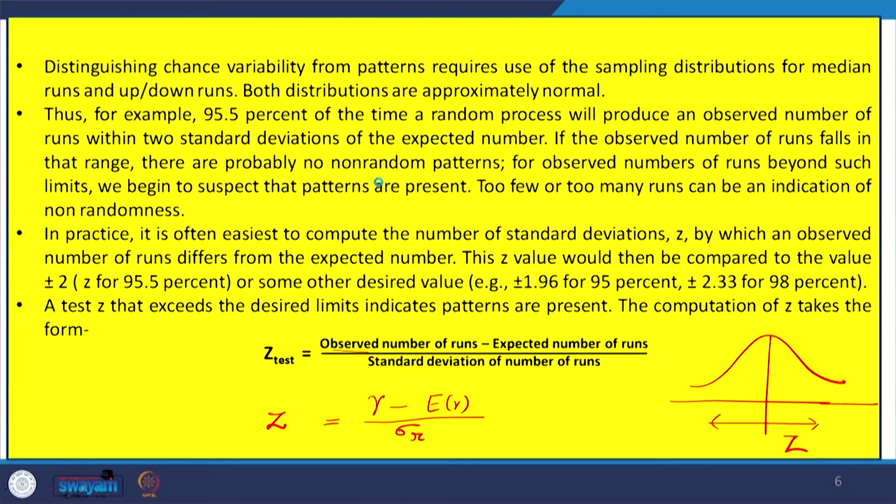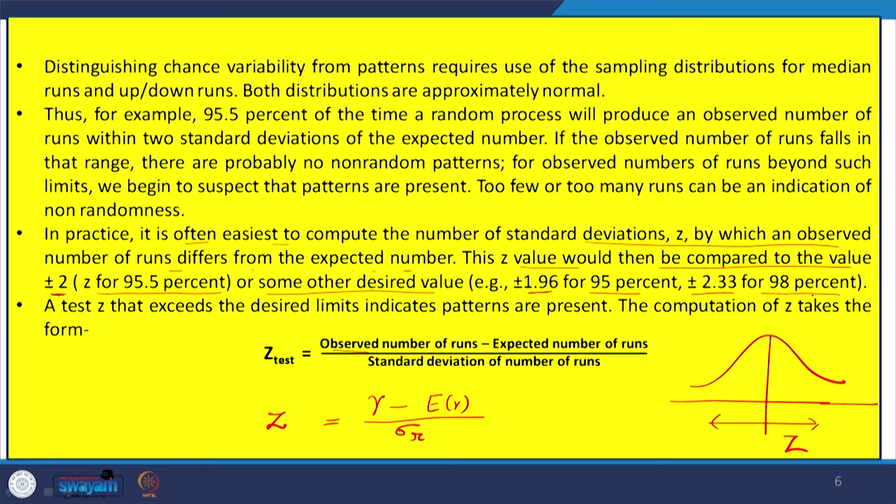Now, if you read this theory, it says that in practice it is often easiest to compute the number of standard deviations Z by which an observed number of runs differs from the expected number. This Z value would then be compared to a value like plus minus 2, that is Z for 95.5%, or some other desired value like plus minus 1.96 for 95% or plus minus 2.33 for 98%.